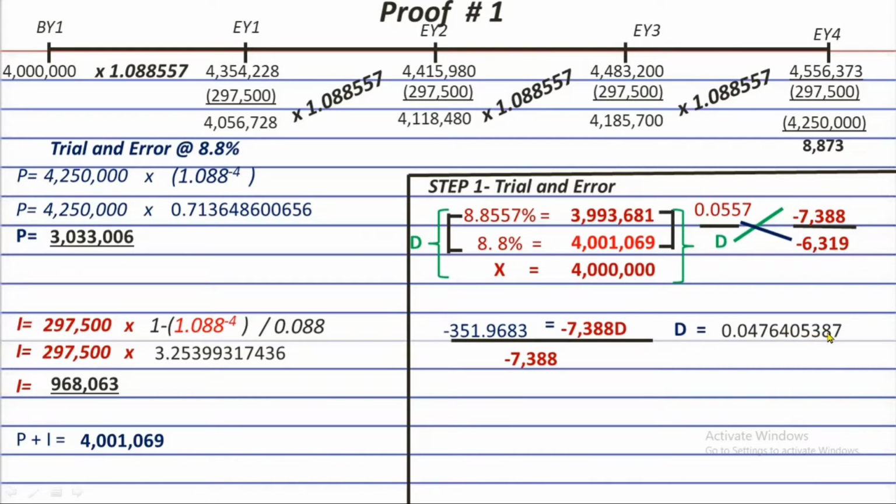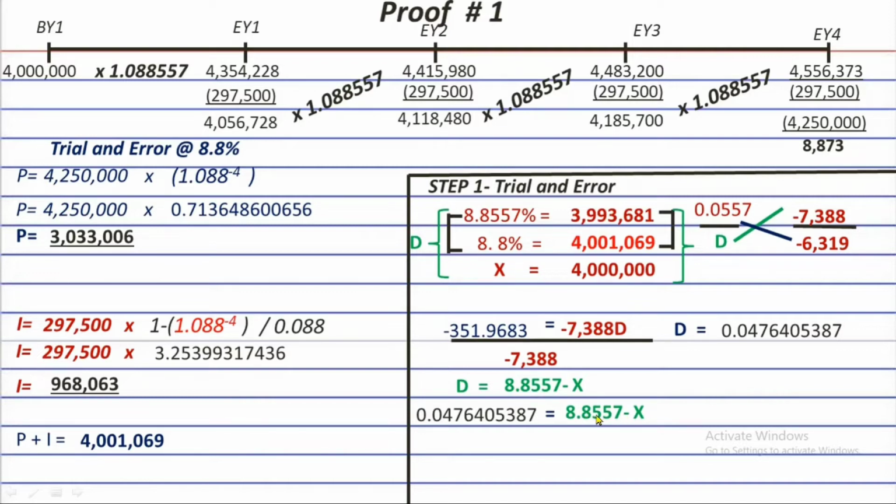And we will get d equals positive 0.0476405387. Okay? But remember, d is also 8.8557 minus x, right? So let's make the equivalence of d into an equation. So let's put this 0.0476405387 here in the left side and put the 8.8557 minus x here in the right side. Okay?